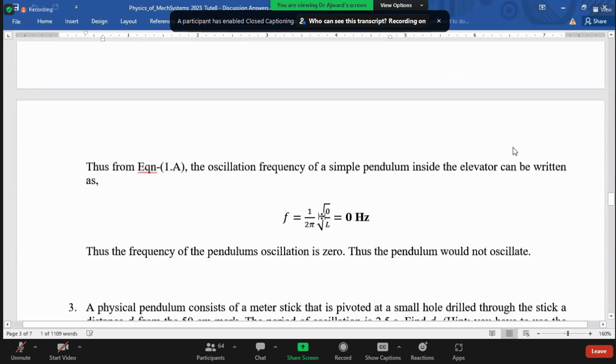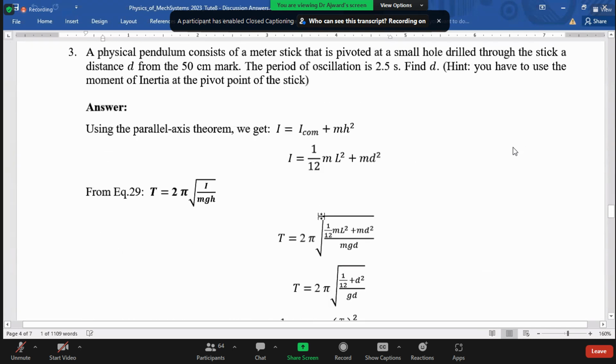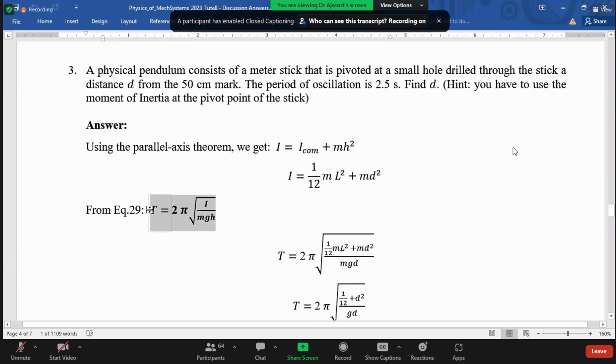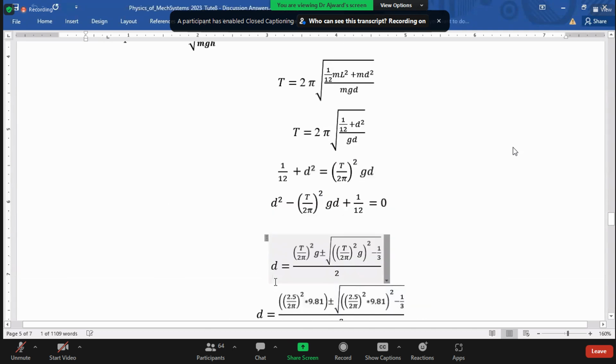Right. And simply you have to use that formula. I think it's equation 29 in the notes, but it is also available in this tutorial itself. And you put the numbers here, and basically you can find what D is.